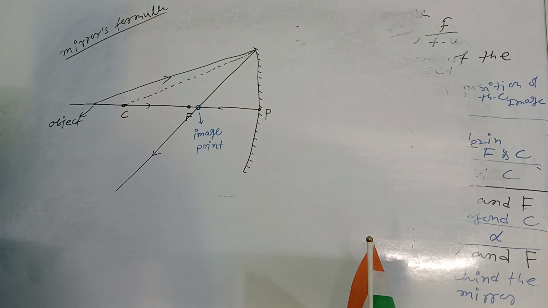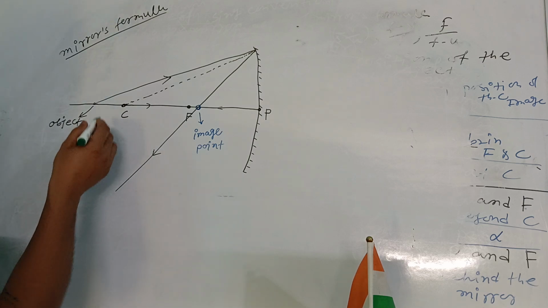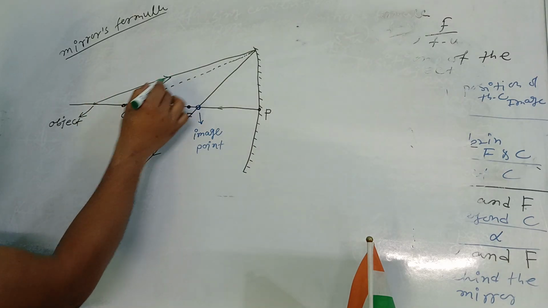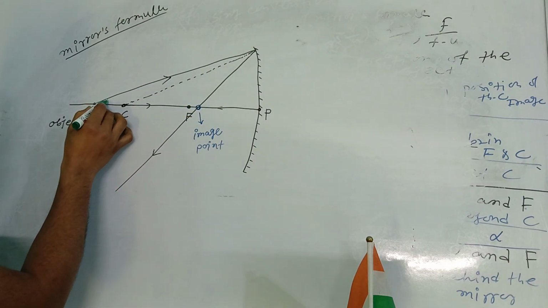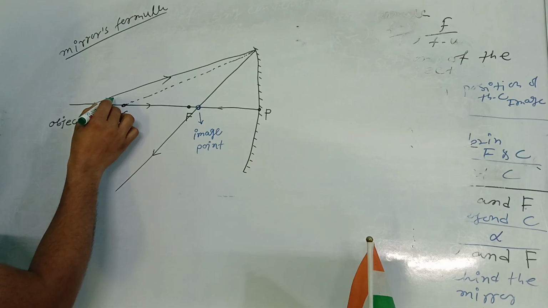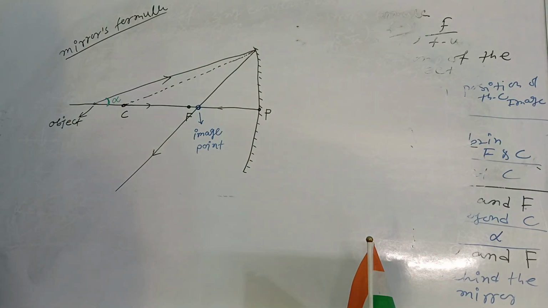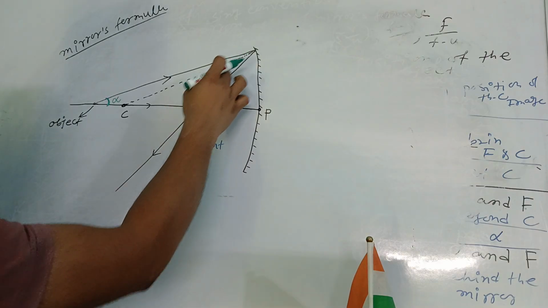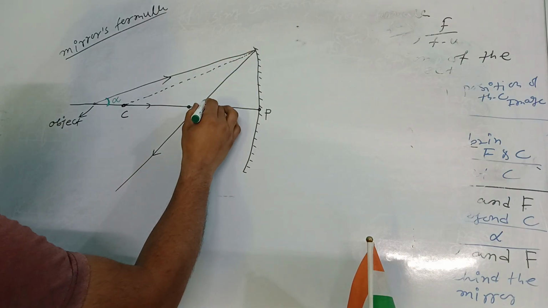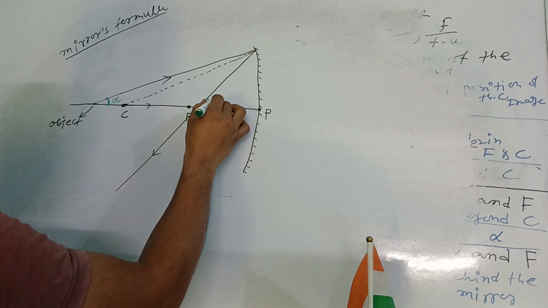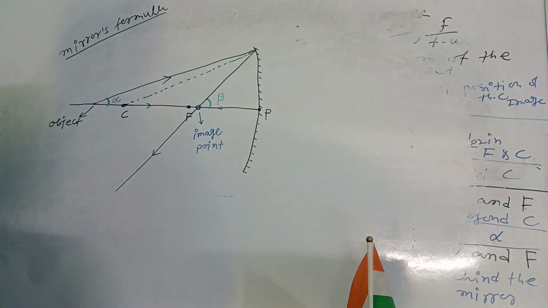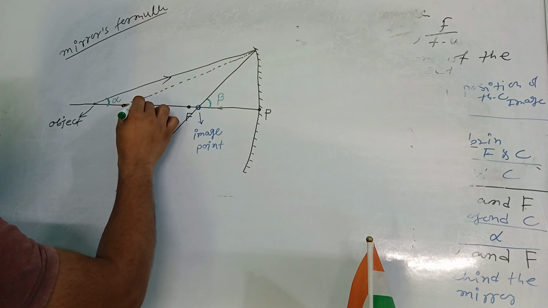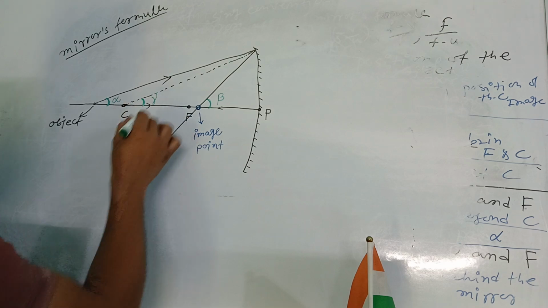Now I'm writing one by one. Suppose I am taking the angle between the incident ray and the principal axis as alpha. The angle between the reflected ray and the principal axis I am taking as beta. And the angle between the normal and the principal axis I am taking as gamma.